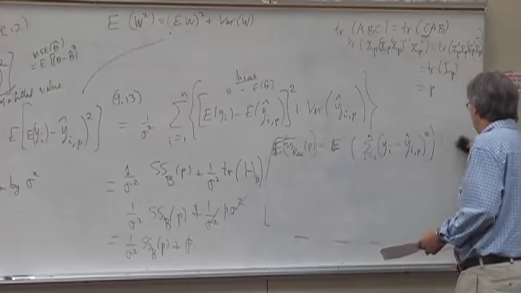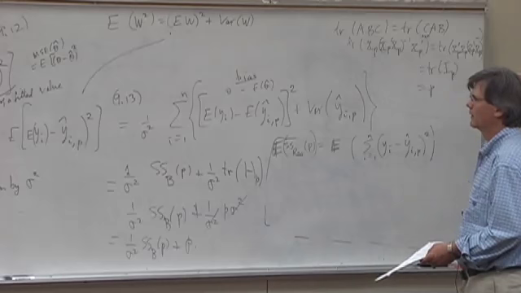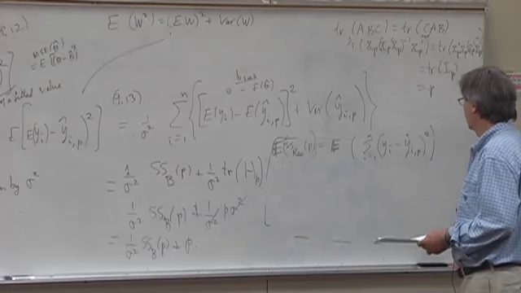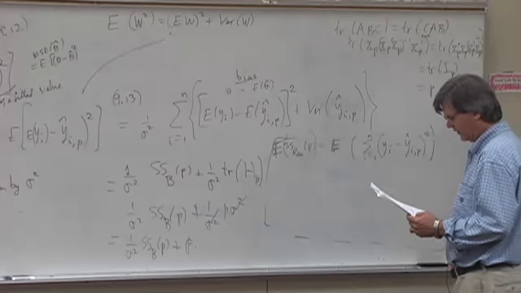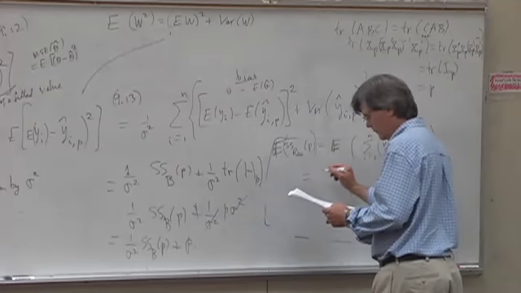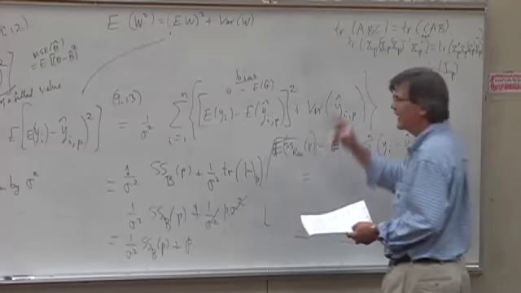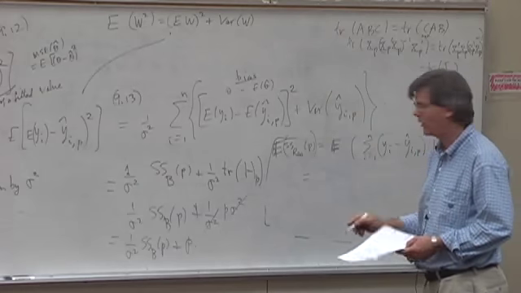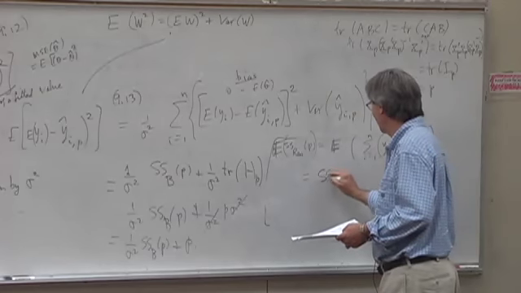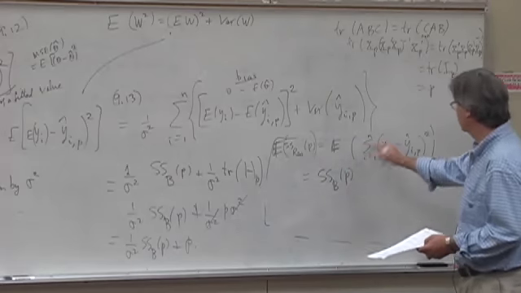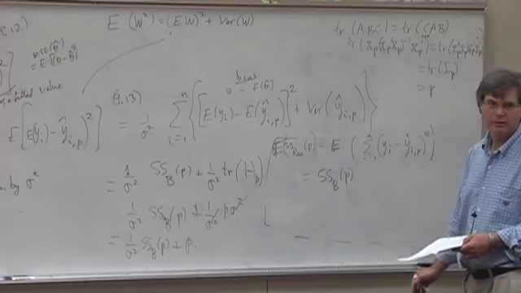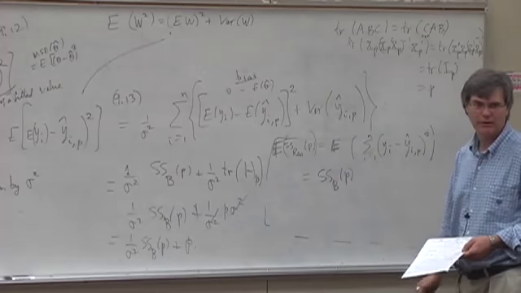Now, what do I have for an identity for that? This is by the same type of identity that I had before. This is SSB_p. I don't have the division by sigma squared here, so the sigma squared is going to come out in the wash.